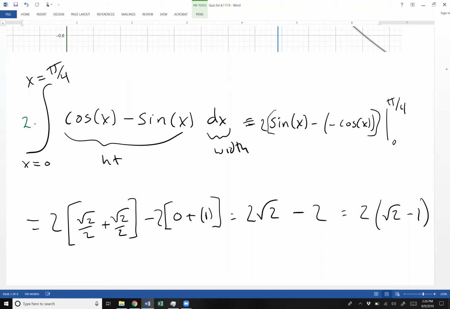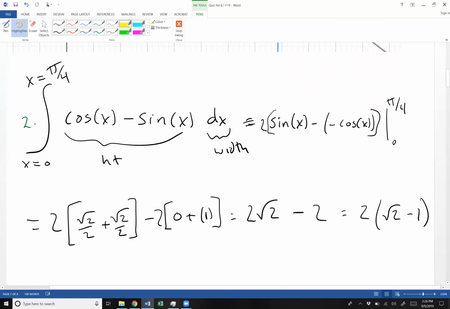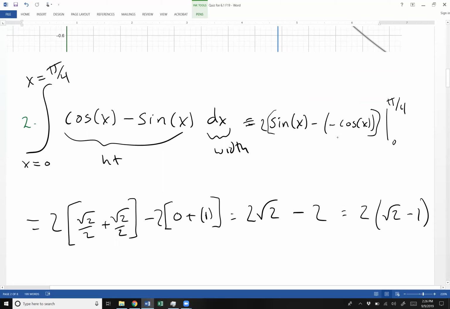Could you not just change that to a plus? Yep, you can, and you still should get the exact same answer. So like both of our pluses, if you look inside there, we have changed those to pluses. And you should have a minus right there. So okay. All right.